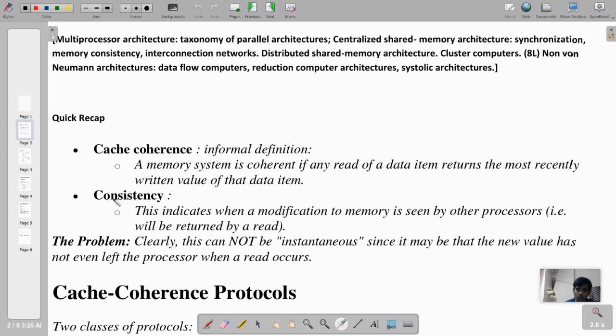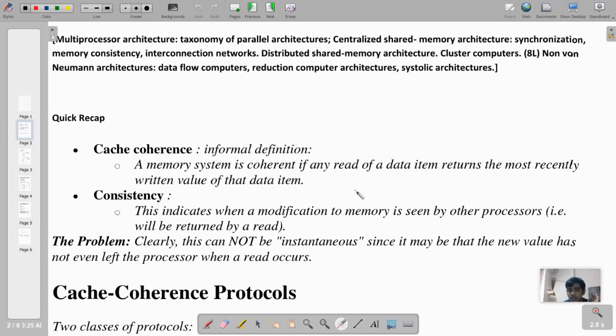Then come to consistency. This indicates when a modification to memory is seen by other processors, that is, will be returned by a read. The memory location X had been updated by processor P1, if you can recall, and it was changed to X1.